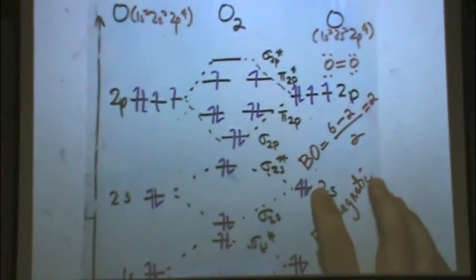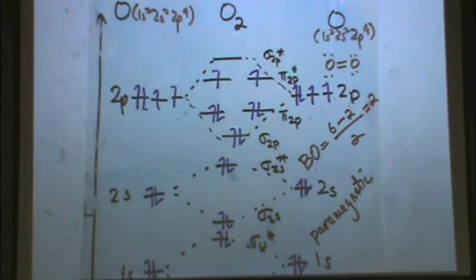Alright. Cool. So that's one reason why this MO diagram stuff is pretty interesting. We can see why paramagnetism actually shows up to be real, and not just something that your chemistry instructor makes up.